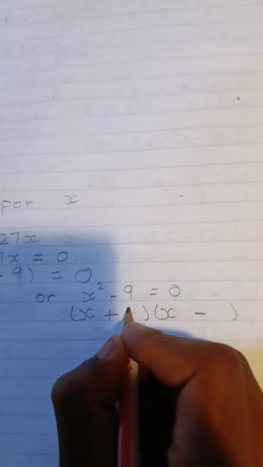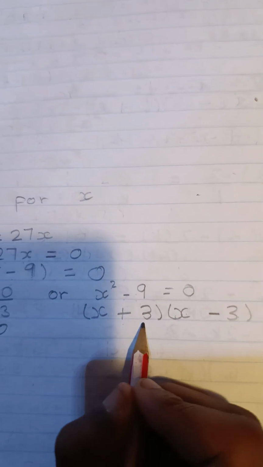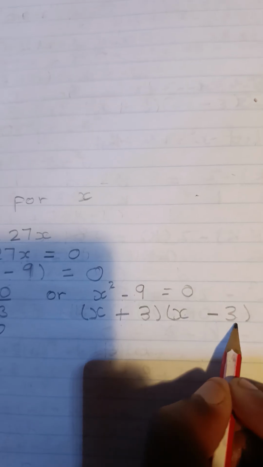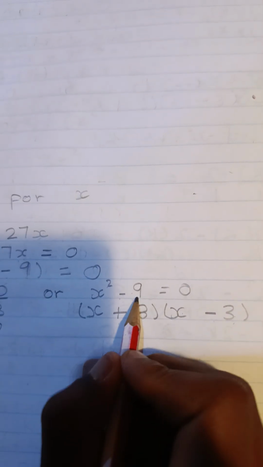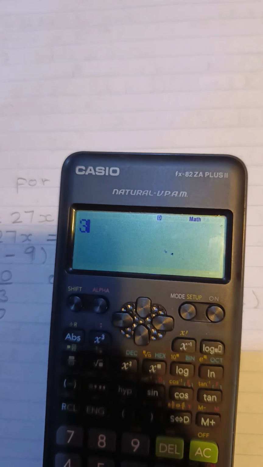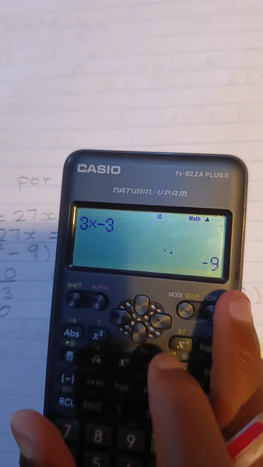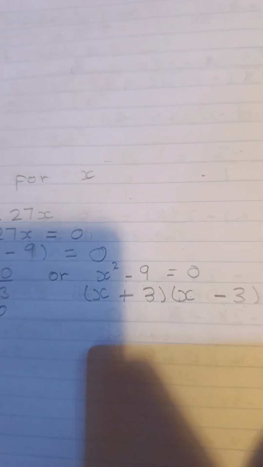And then we say 3 and 3, because positive 3 multiplied by negative 3 will give you negative 9. We can put that on a calculator if you are not sure again. So I hope we are clear.